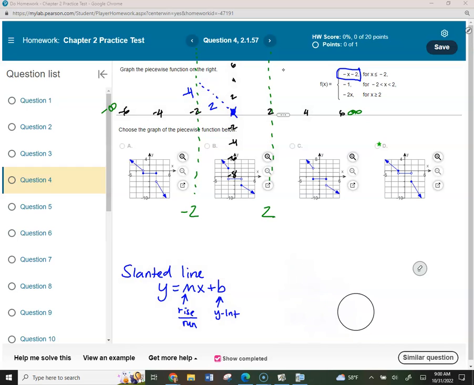I need this. I don't need the blue. And this was the center. It's counting by 2s. All right. So we're checking this one.